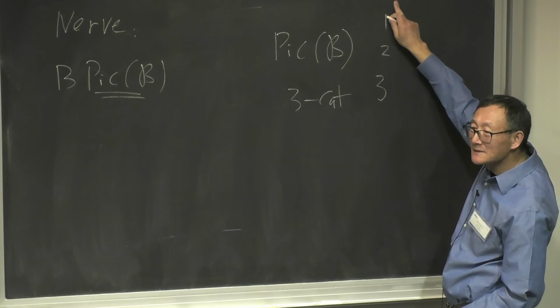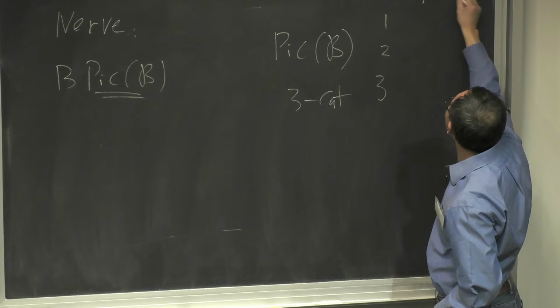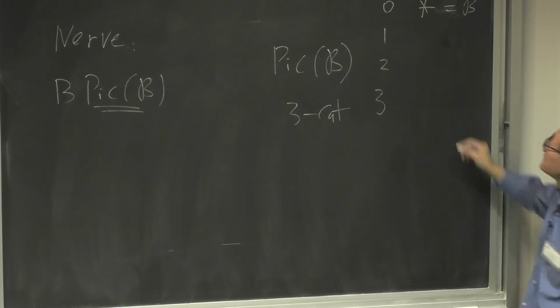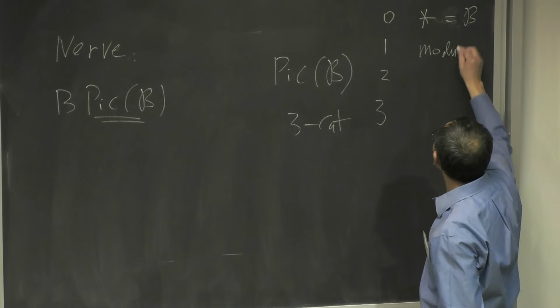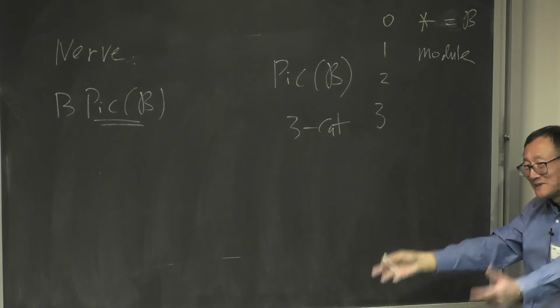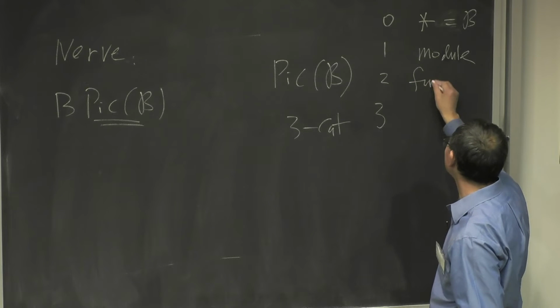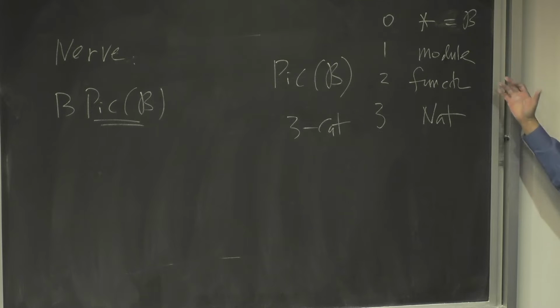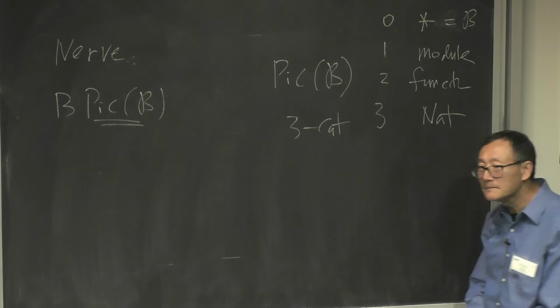So as objects, I have only one, which really should be B. And then I'm sure here I should have module categories, like I said there. And once you have this, mathematicians automatically know the next one is functor, and then the next one is natural transformation. Okay. So that's the three-category you build.